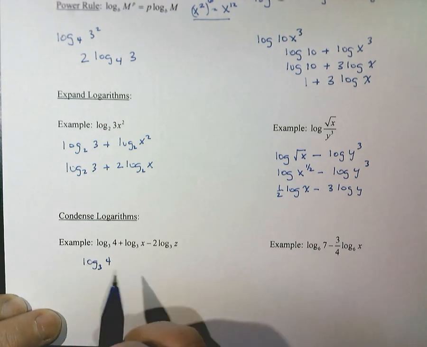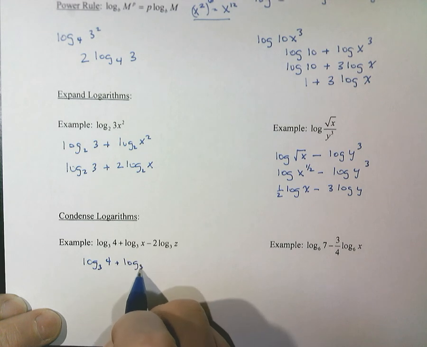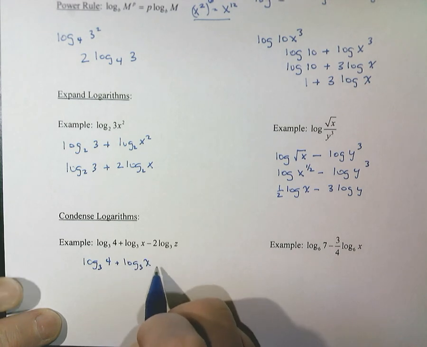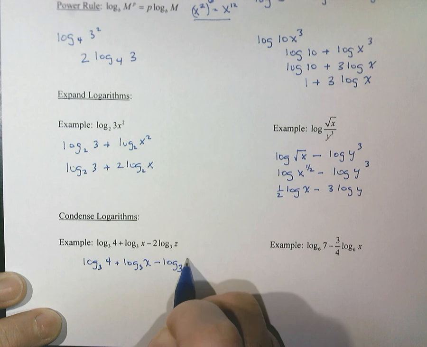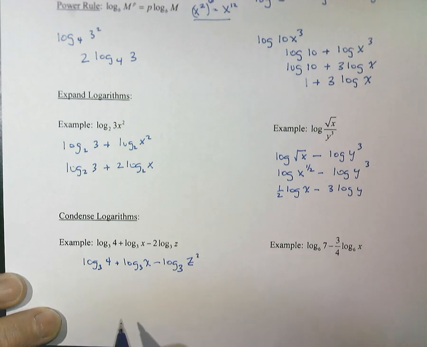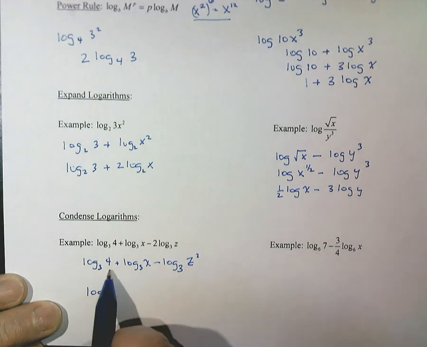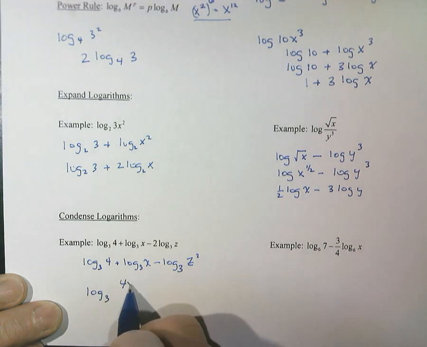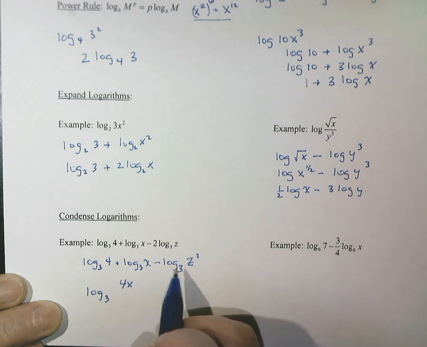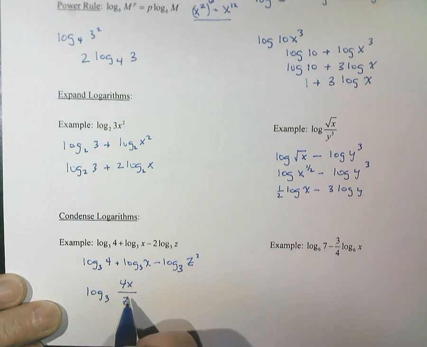Log base 3 of 4 plus log base 3 of x minus log base 3 of z squared. I feel the easiest way to write this is to write the words log base 3 only one time. Anything being added is going to be multiplied, so 4 plus x means it's multiplied. Anything subtracted means it's divided.